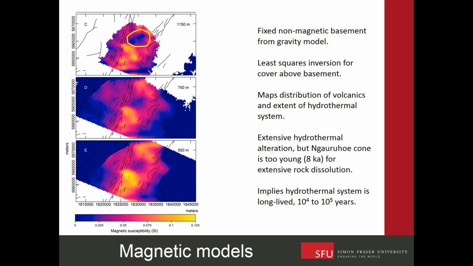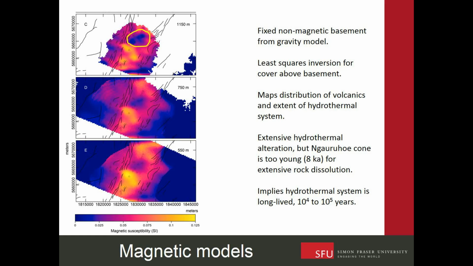So, yeah, the extensive hydrothermal system. One question we're interested in is why is the hydrothermal system just here, and why doesn't it carry on down to the south? Mount Narahoe, which occurs in the south area, is pretty young. It's only 8,000 years old. If you look at rates of dissolution of magnetite, it's simply not old enough for fluid to have circulated through it for long enough to dissolve magnetite.